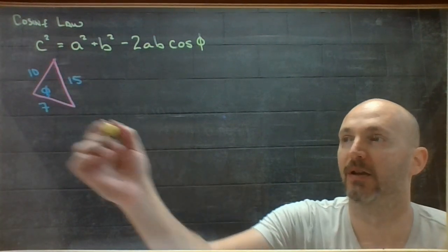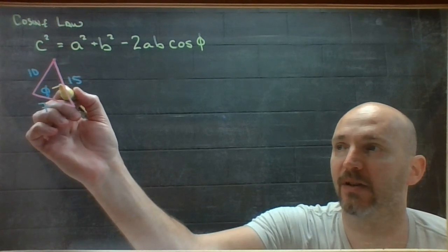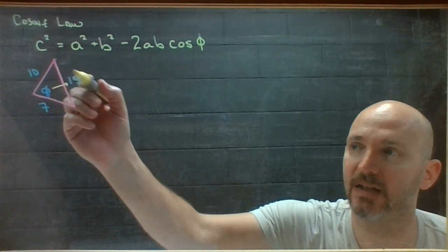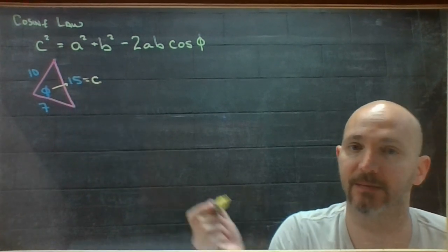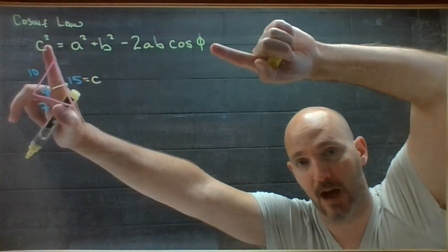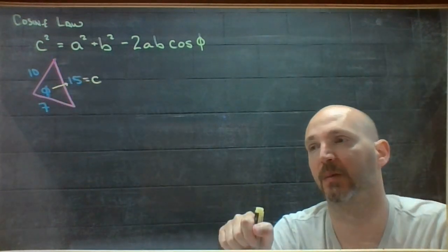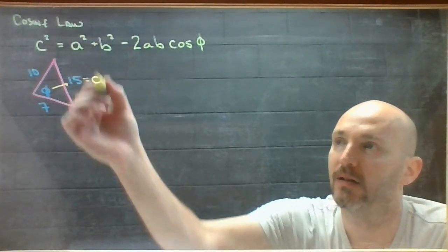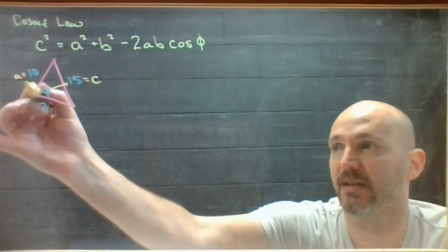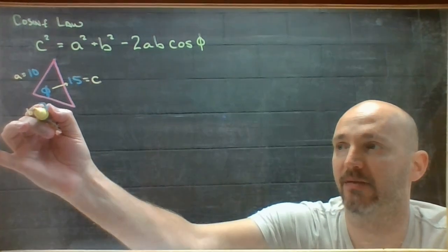So if I look across that triangle, I see the 15 is here. So the 15 is going to be my C value, because they are on opposite sides of the triangle, opposite sides of the equation. A and B are really interchangeable, so I'm just going to make 10 A and 7 B.